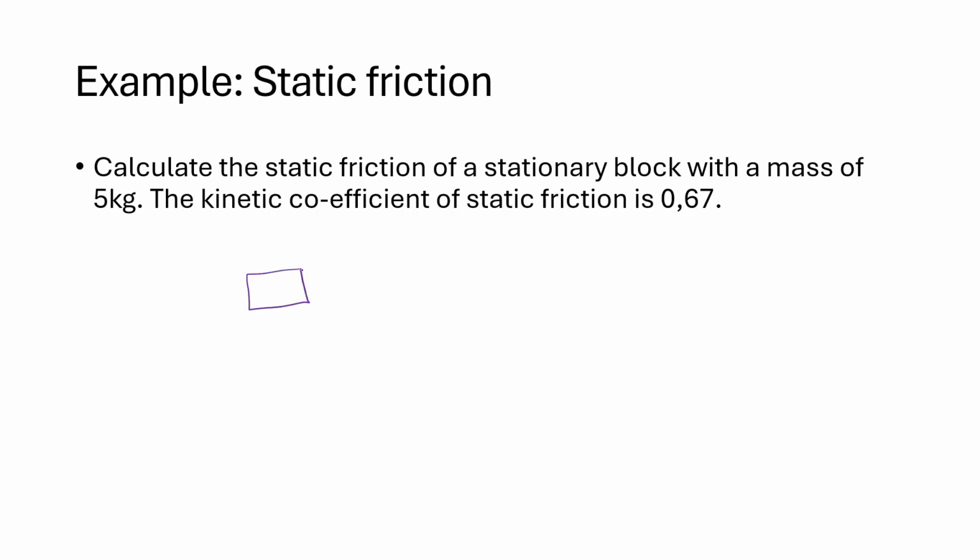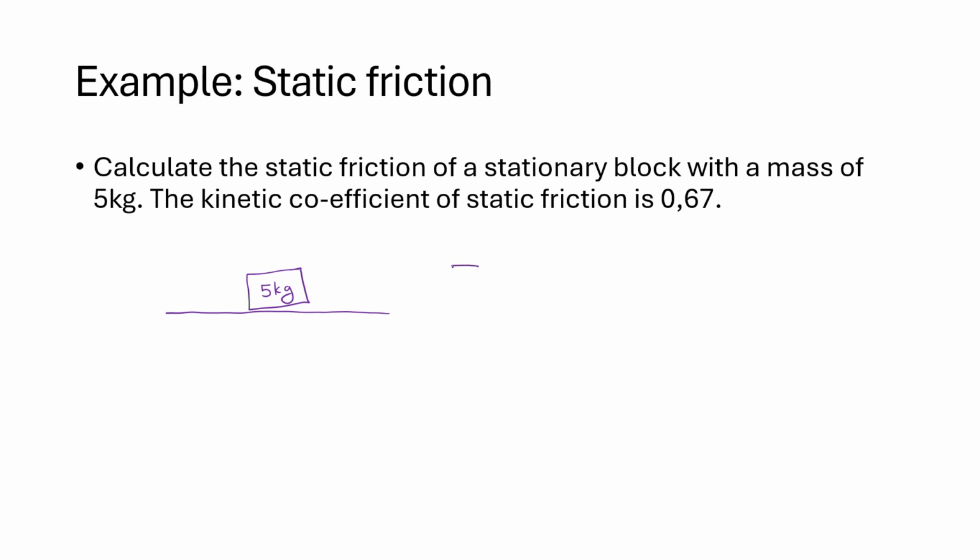If they don't give me a diagram, I draw my own. So there's my block, there's my surface, and we know that this block weighs 5 kilograms. They want us to calculate the static friction of a stationary block. So there's no applied force, they just want us to calculate the static friction.